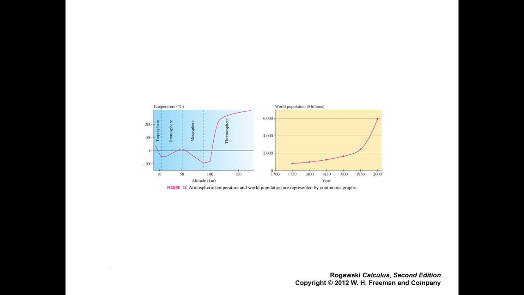But if you look at the temperature, given in degrees Celsius, at various altitudes, generally here on the surface of the Earth, if you go up in altitude, what happens to your temperature?